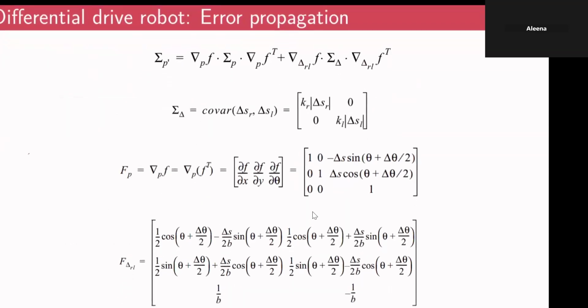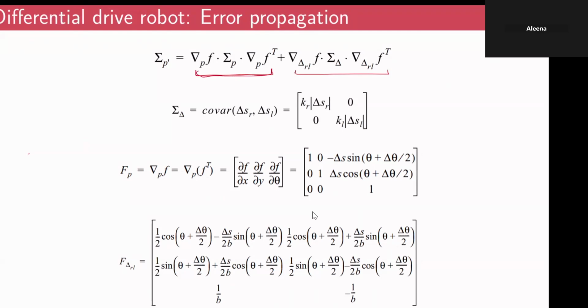The first is due to the uncertainty in the sensors, which are the encoders, not the external sensors, but the internal proprioceptive sensors. And these are the uncertainty associated with the estimation of the position itself.